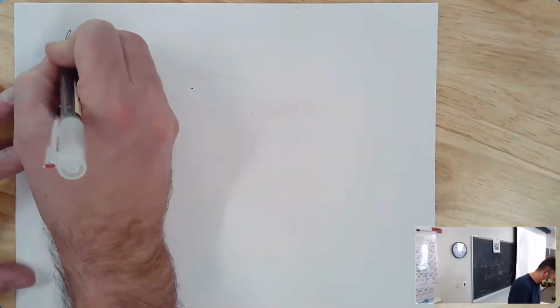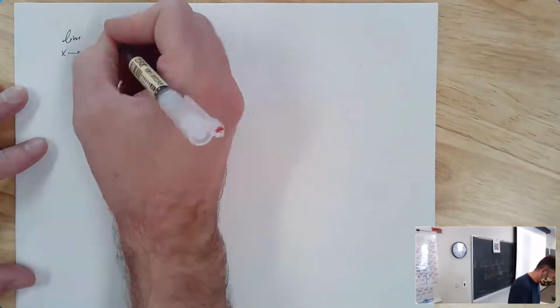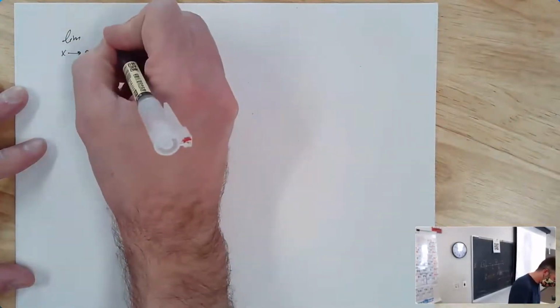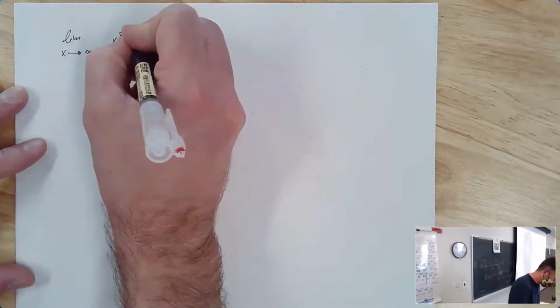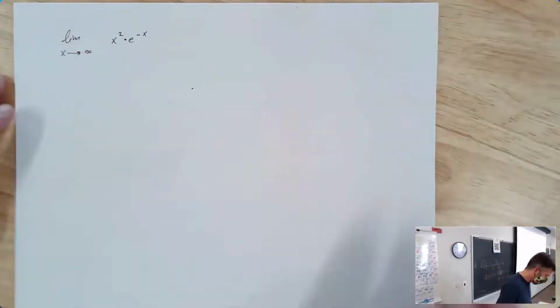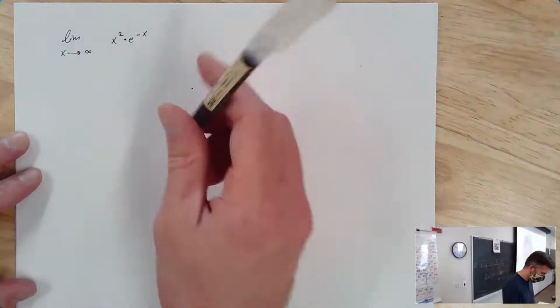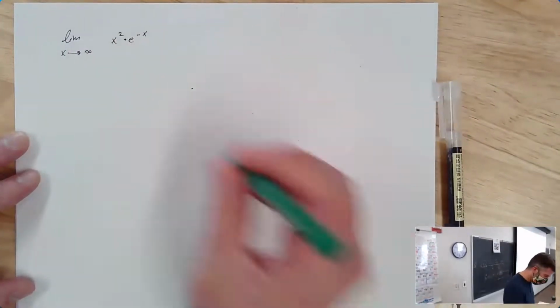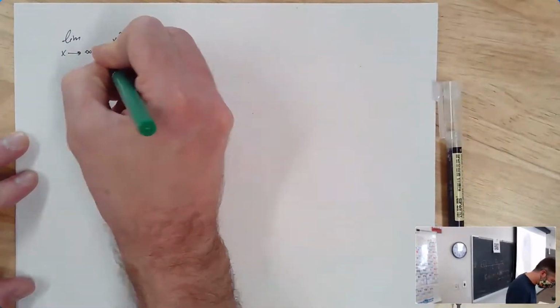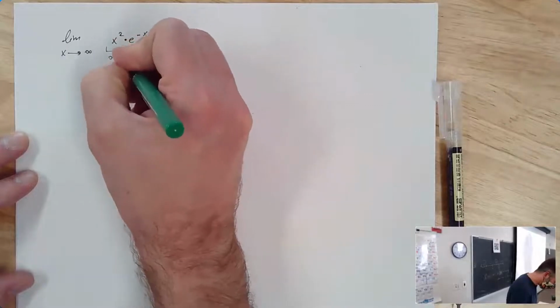Limit as x goes to infinity of x squared times e to the negative x. And this is definitely an infinity times 0. So x squared is going to infinity, e to the negative x is going to 0.